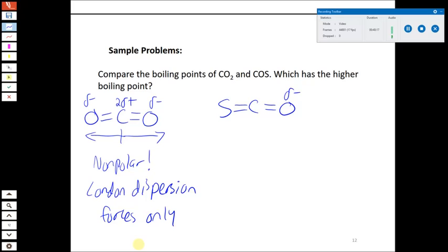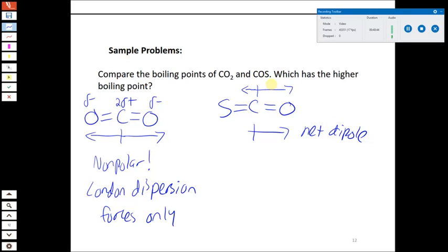And so what that means is that we have two unequal dipoles. So even though we have this situation with delta minus, delta plus charges, the dipole that points towards carbon-oxygen is much larger than the dipole pointing towards carbon and sulfur because of the greater difference in electronegativity. So this molecule, and this is going to be true anytime we have a linear molecule with two different outer atoms, is going to be a polar molecule. So we have a net dipole pointing from left to right, as I've drawn it here.